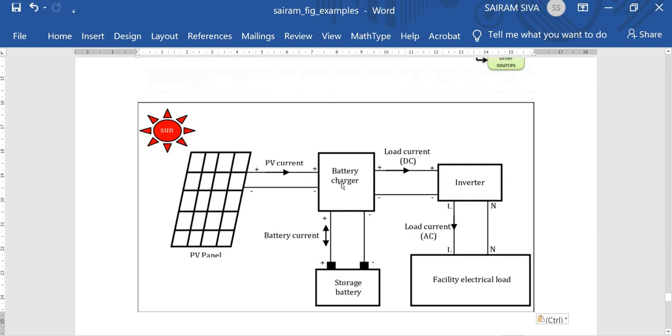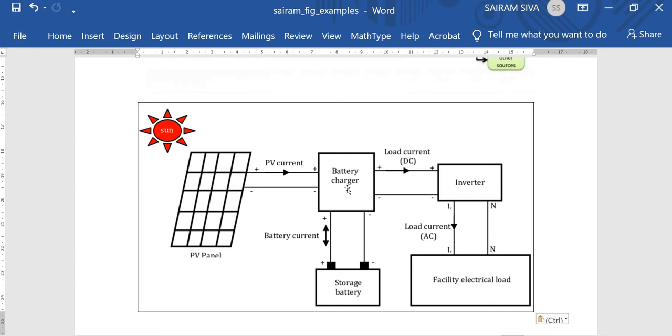The PV current is fed into the battery charger. This is a nodal point, from which the inverter is connected. The output of the inverter is connected to the AC load. Again, the battery is integrated through this nodal point through the battery charge controller.